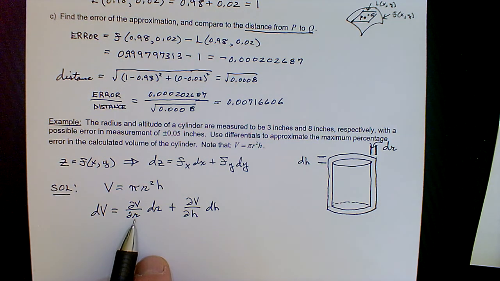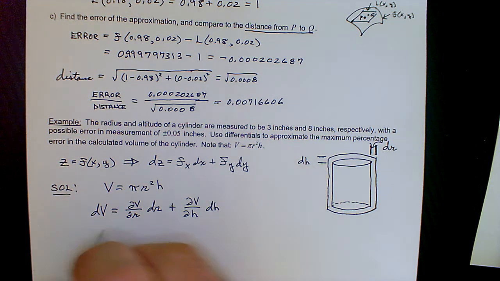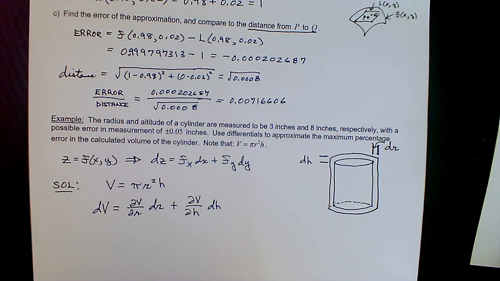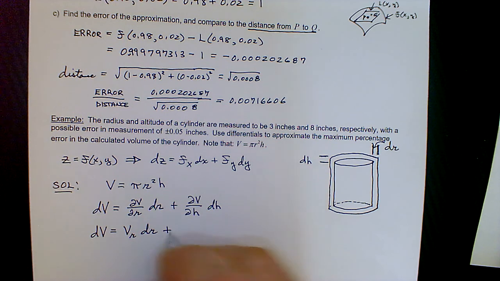Or I guess it could have said v sub r. Similarly here, I chose to use the differential notation instead, but similarly we could have said dv is v sub r dr plus v sub h dh.